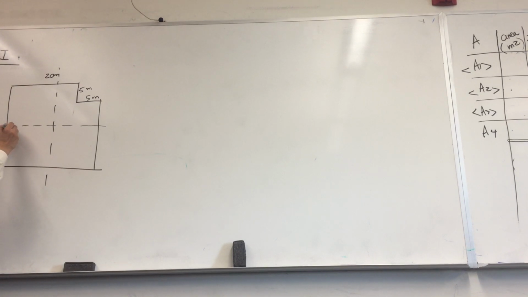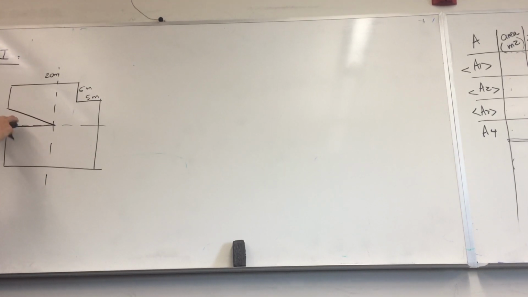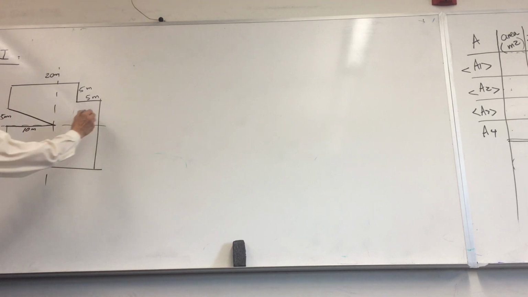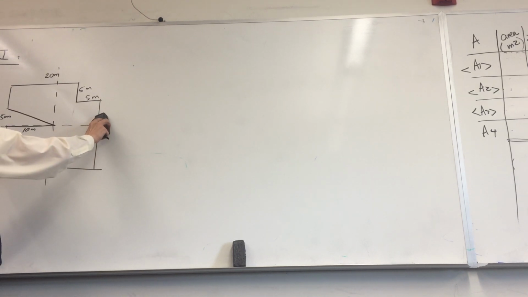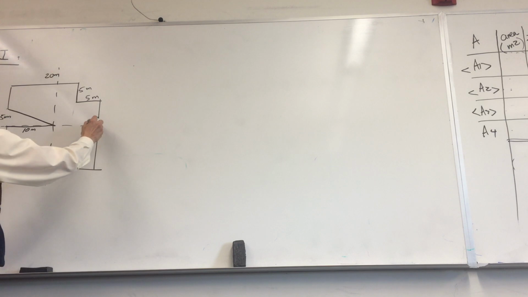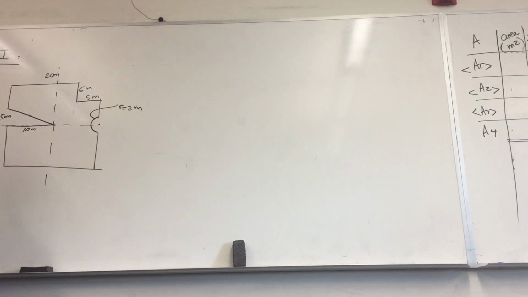You cut out another piece, a triangular shape. This is 5 meters. This is 10 meters. And then another piece here, a half circle with a radius of 2 meters. And you're going to find the moment of inertia of this shape. Okay?